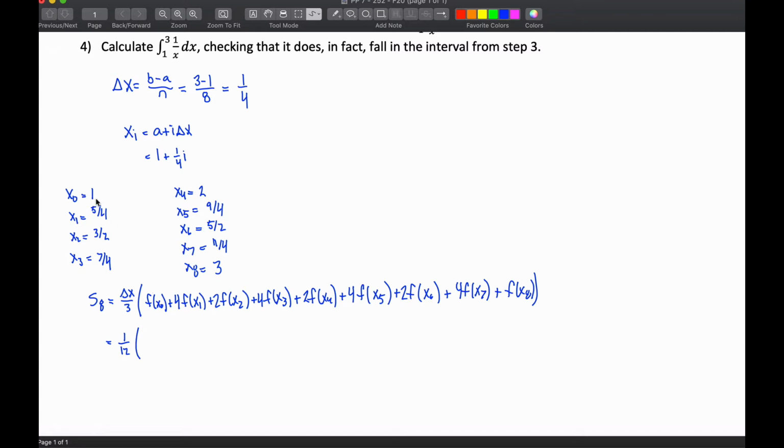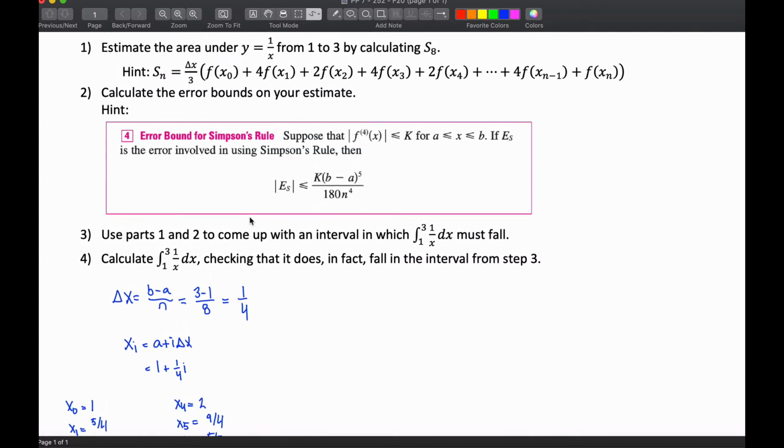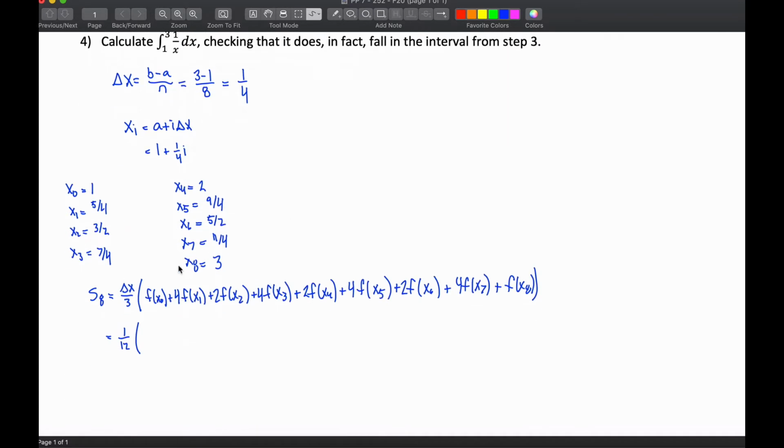Then x0 is 1, so f of x0, since my function f of x is 1 over x, would be 1 over 1, or just 1. Then I have 4 times f of x1, and 1 over 5/4 is just 4/5. Then 2 times f of x2, 1 over 3/2 is just 2/3. Then 4 times f of x3, and 1 over 7/4 is just 4/7.